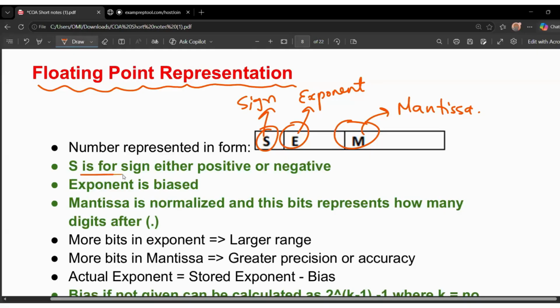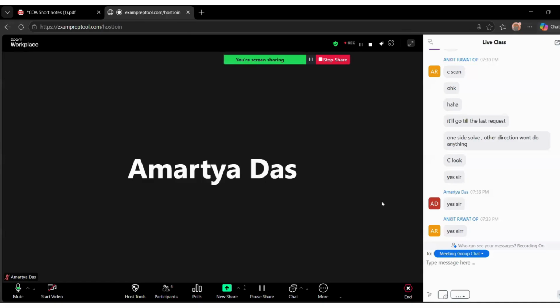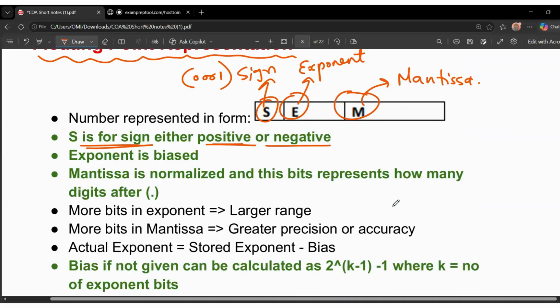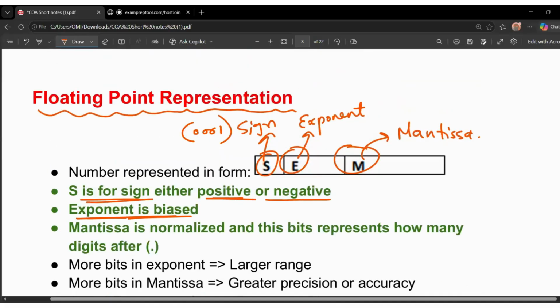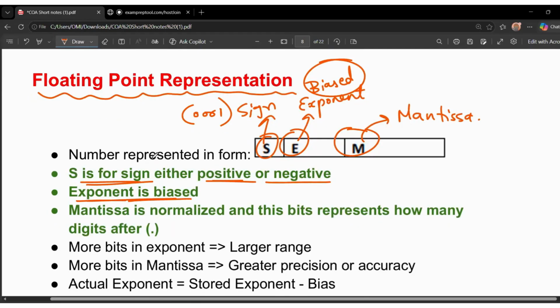S is for sign, either positive or negative, so either it is 0 or 1. Then the exponent is biased, so we are storing the biased exponent here. And the mantissa is normalized, and this field represents the bits after the dot.